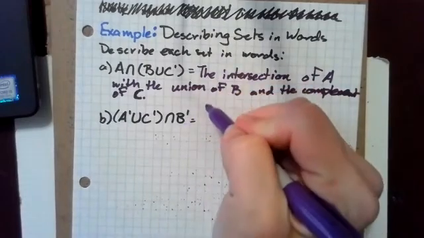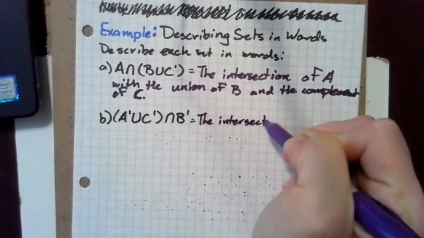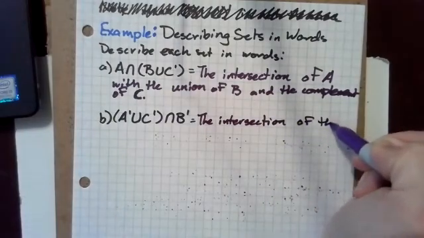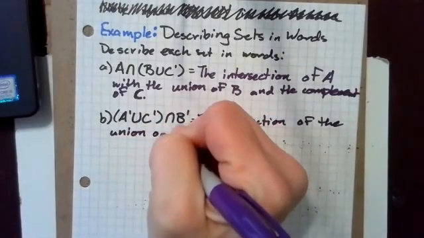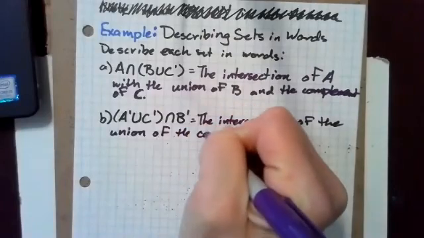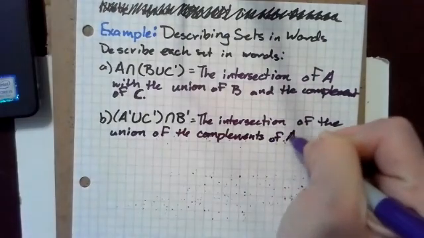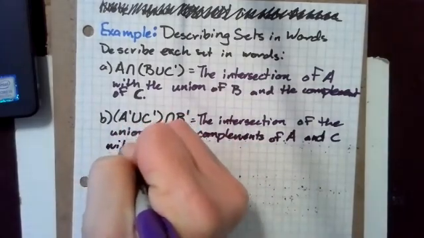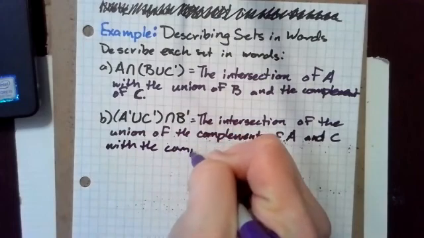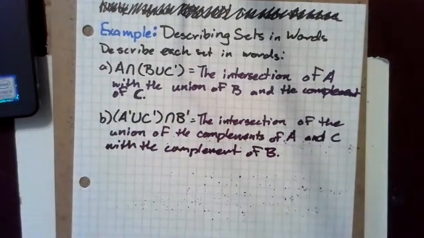So we want to say that this is going to be the intersection of the union of the complements of A and C, with the complement of B. At this point in time, we don't really know what these sets will look like, but we don't need to right now. We'll get to that later.